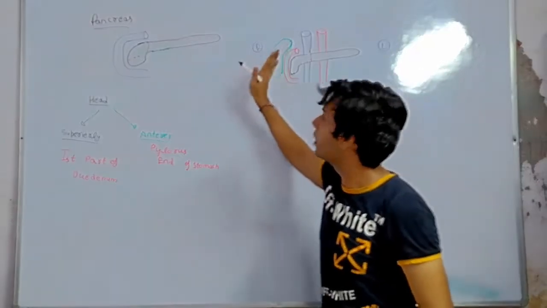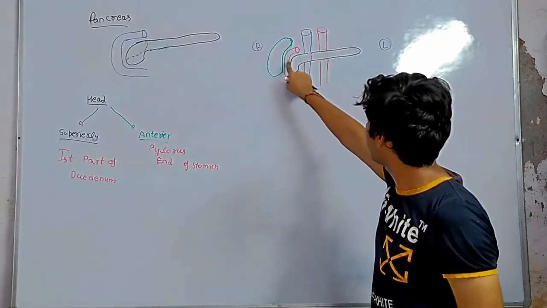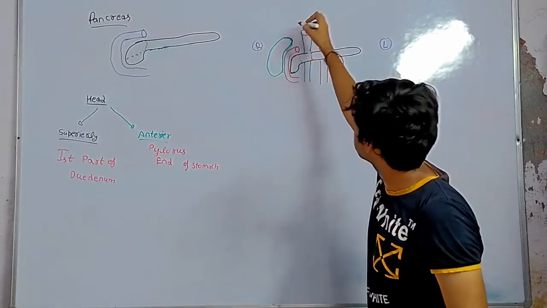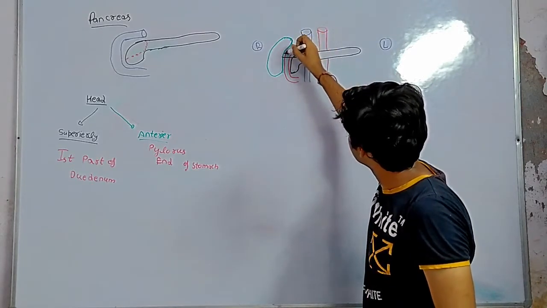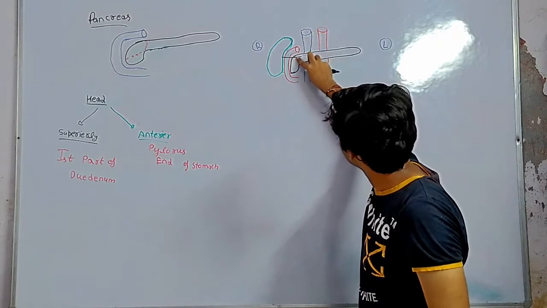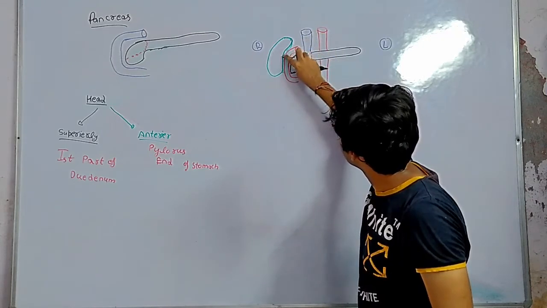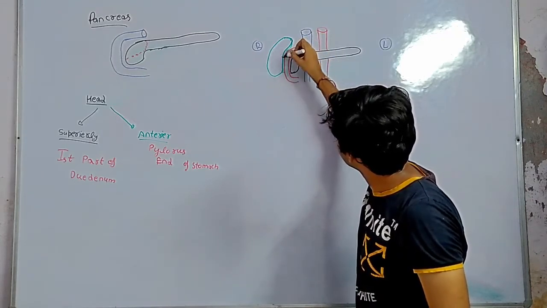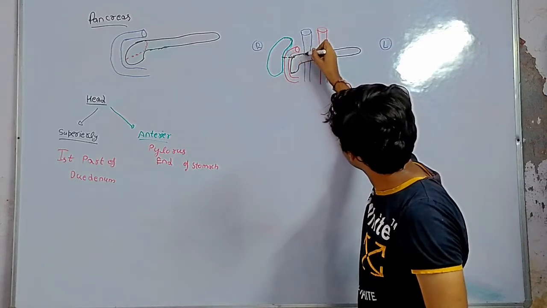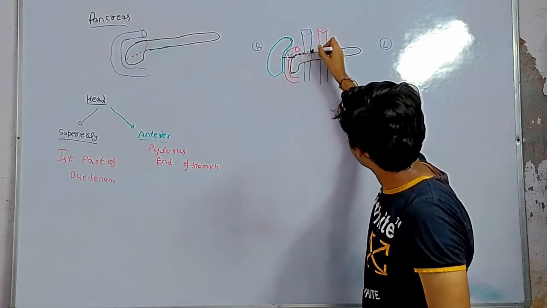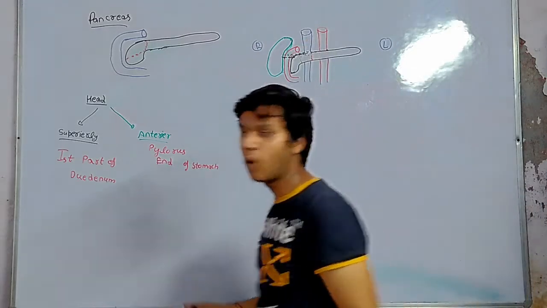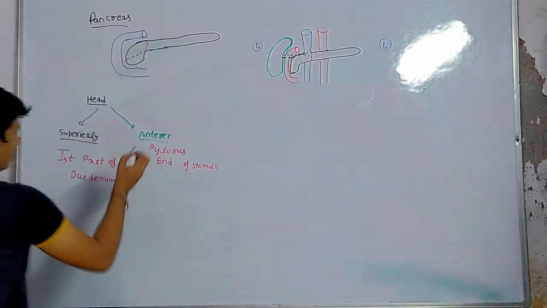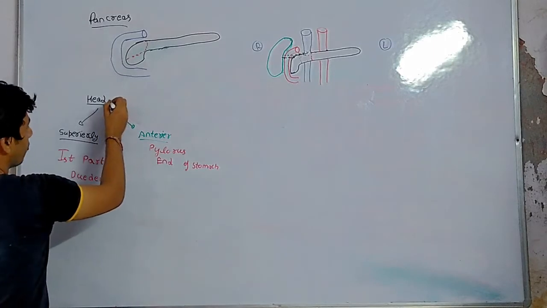So these all come into the posterior relations of the duodenum and pancreas. These are the vessels, one artery and one vein. Both come in the posterior relations of the head and duodenum also.